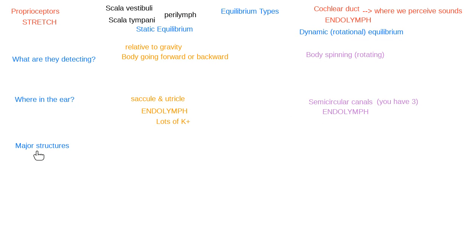So now we're at the point where we're comparing the structures that are involved in static equilibrium and dynamic equilibrium. Let's start with one structure that I have in both of these kinds of equilibrium. Can anyone think of the name of something that I have in both?